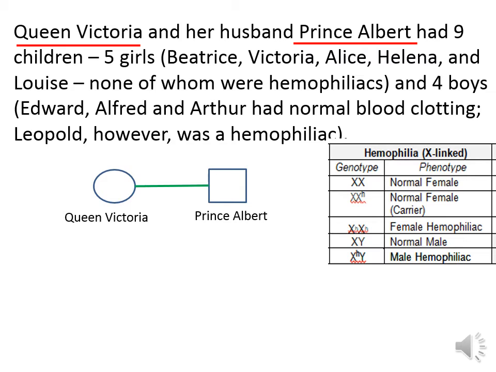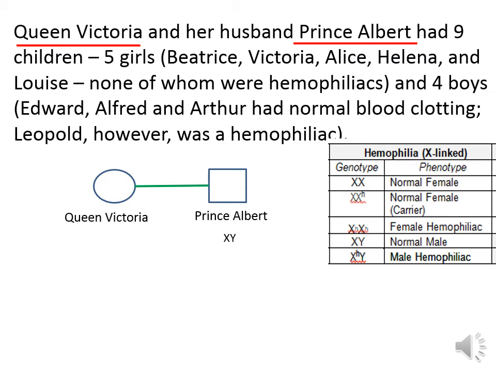So let us go back to the table. So si Prince Albert, normal siya, normal male. So we simply use XY. Walang nakalink na sakit sa kanyang chromosome. So yung sakit na yun nanggaling kay Queen Victoria na pinasa niya sa kanyang descendants. Tama? So, for a carrier, so si Queen Victoria, wala siyang hemophilia, pero carrier siya.